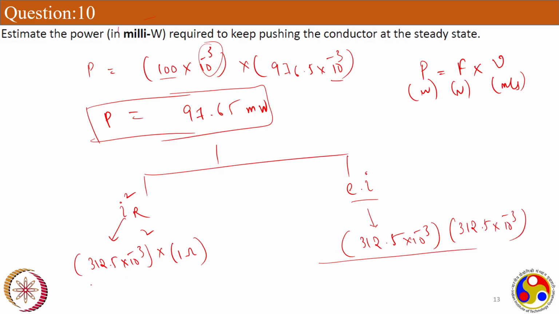So now if you see, these two are already the same, and you just have to solve these two, and I'm sure you will definitely get 97.65 milliwatts. So yeah, I think that's the last question for today.